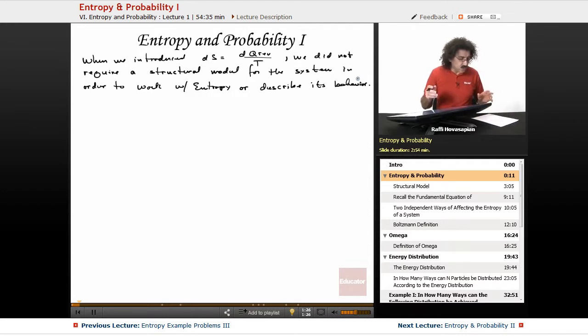In fact, we didn't even need to know what entropy was. We had these mathematical descriptions, and then we had these constraints of temperature, pressure, volume, and we saw how entropy behaved. We were able to derive and calculate numerical values for it.